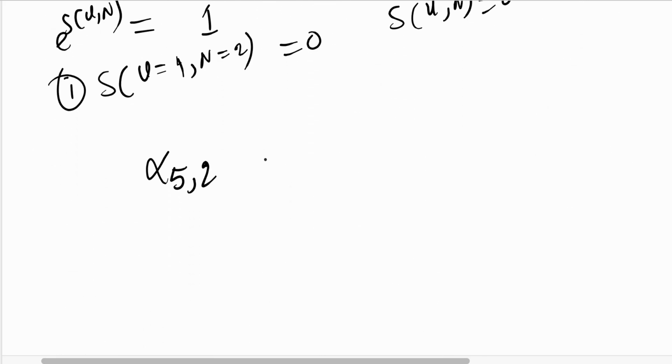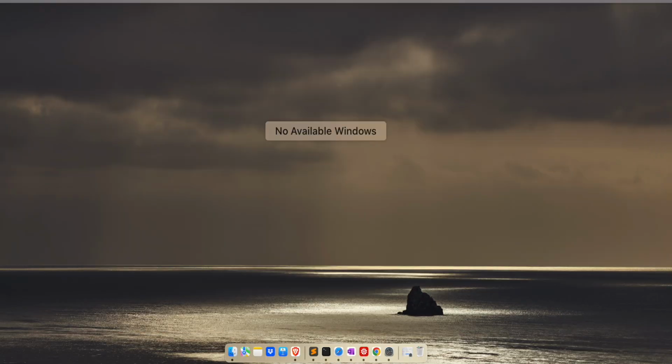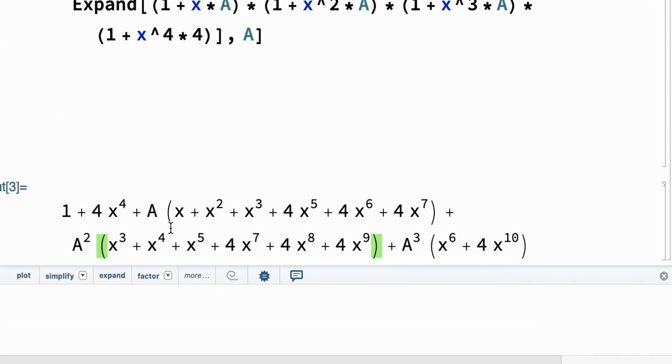Which means the coefficient of x to the power 5 and a square. So let's see, x to the power 5 and a square, its coefficient is 1.